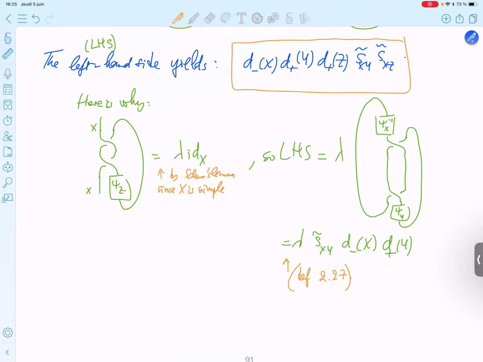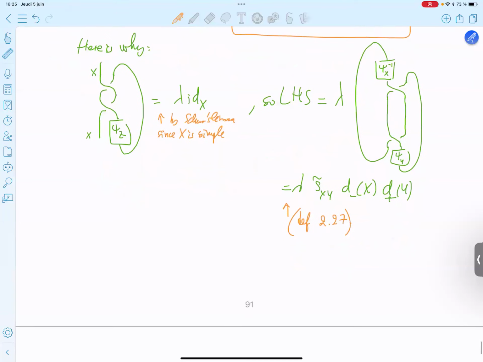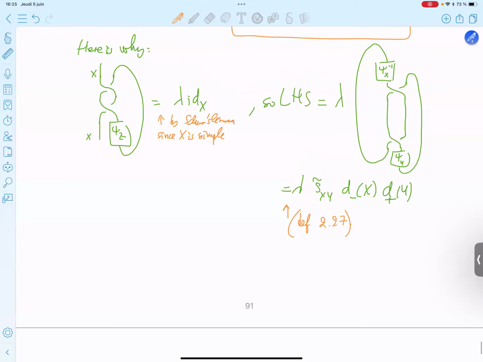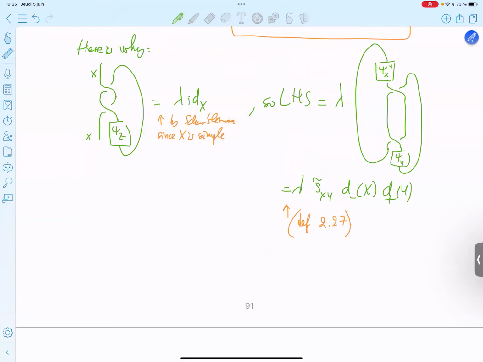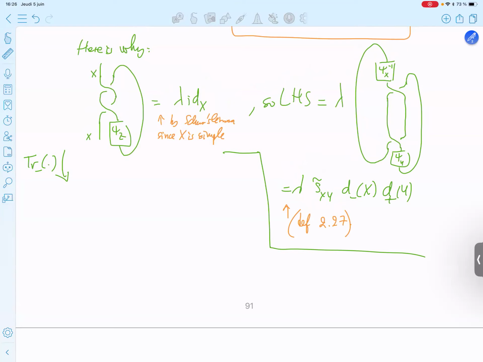Now, what about this constant lambda? So now we apply the trace minus here, putting the natural isomorphism.